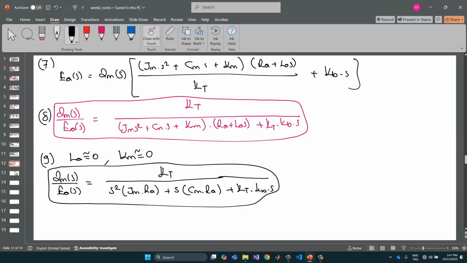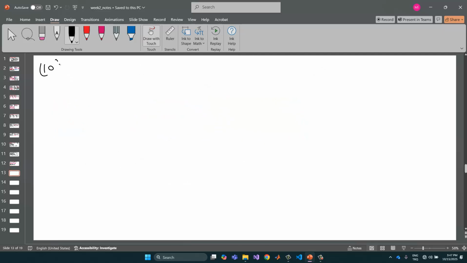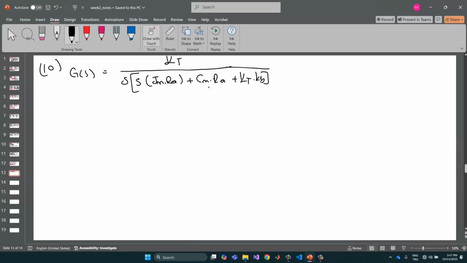If you rewrite this equation in 10 right now, G(s) is equal to Kt divided by s times (Jm Ra s plus Cm Ra plus Kt Kb). Just collect the s parts, nothing more, okay?